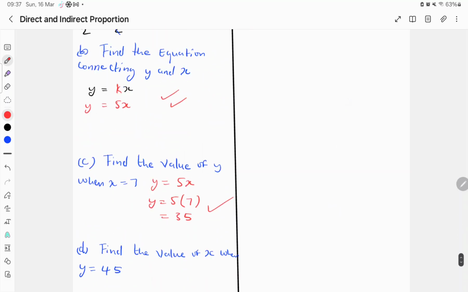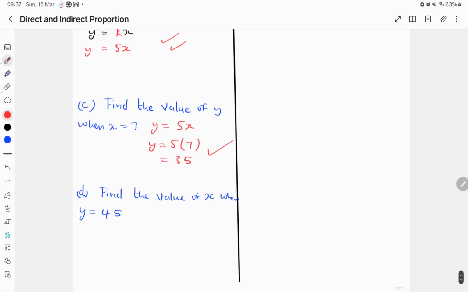And then lastly, this one is similar to C. It says find the value of x when y is 45. So y is equal to 5x, but in this case you know y. So 45 is equal to 5x.